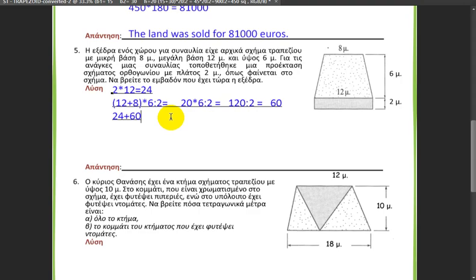This is equal to 84. So my final answer should be the area is 84 square meters. There we go.